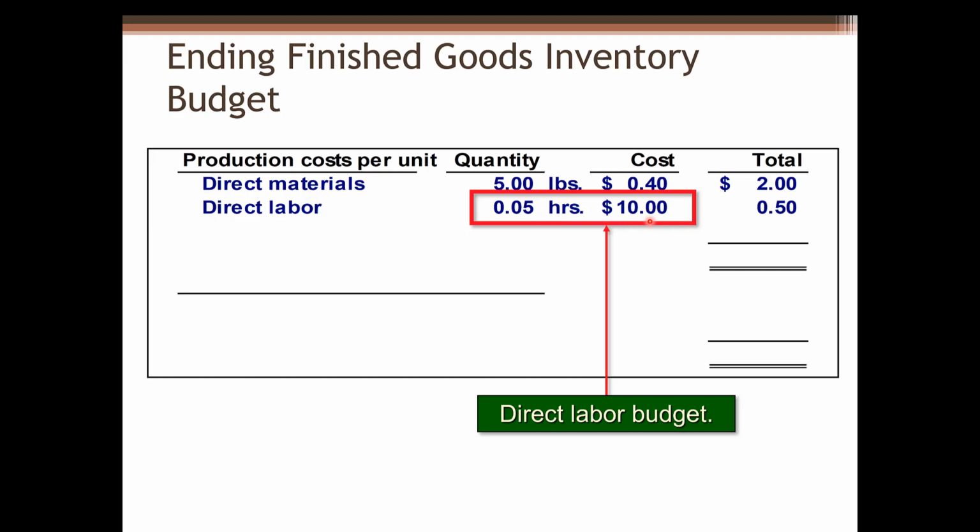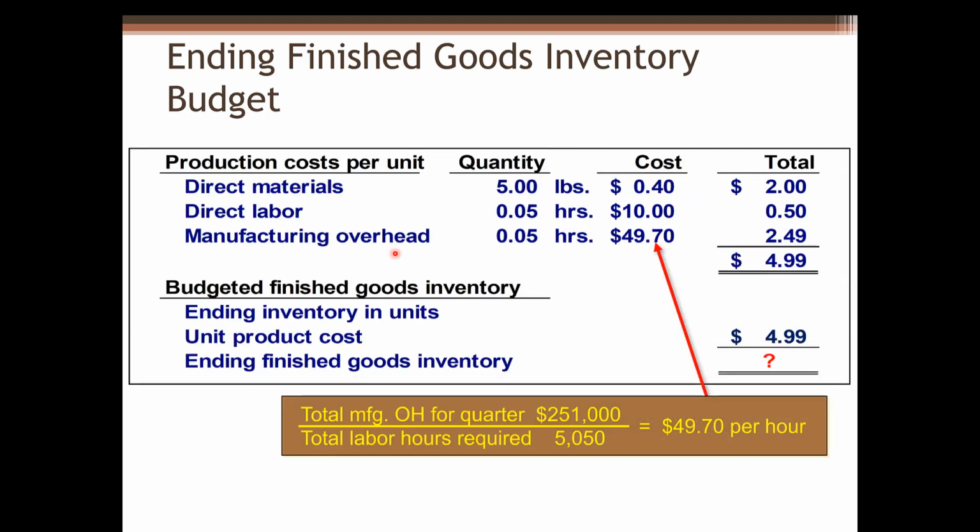Wage rate, $10. So we use 0.05 hours multiplied by $10, and we can get 50 cents. This is direct labor cost per unit. For manufacturing overhead, the allocation base is direct labor hours. So for the quantity here, we use 0.05 hours. For each unit, it requires 0.05 direct labor hours.